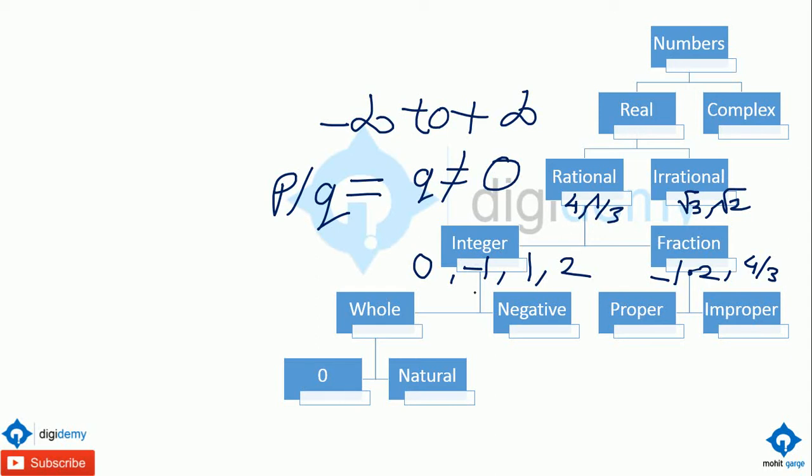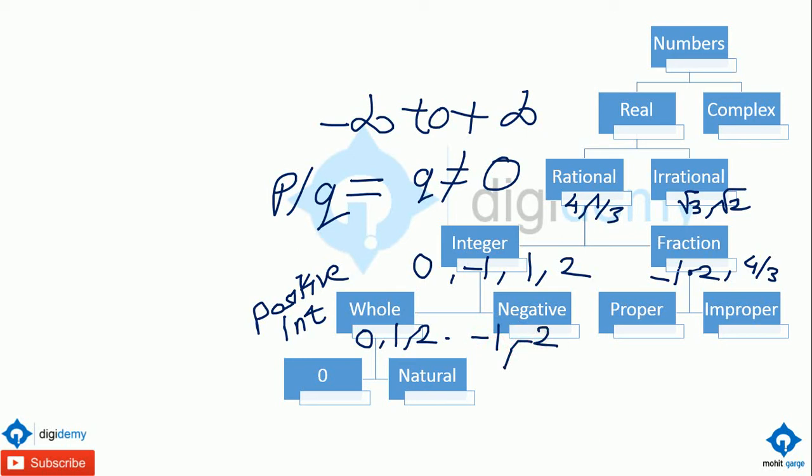Then let's see how the integers are classified further. The integers are classified as whole numbers and negative numbers. These whole numbers are also called positive integers. So whole numbers start from 0, 1, 2 and so on, while negative integers start from -1, -2 and so on.